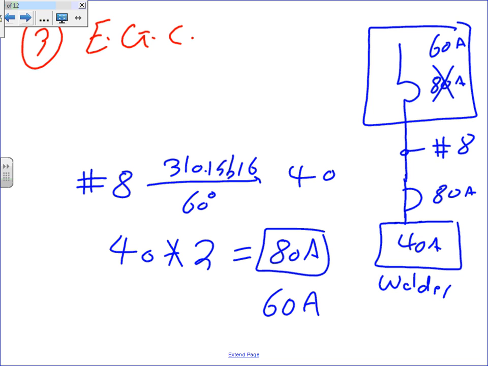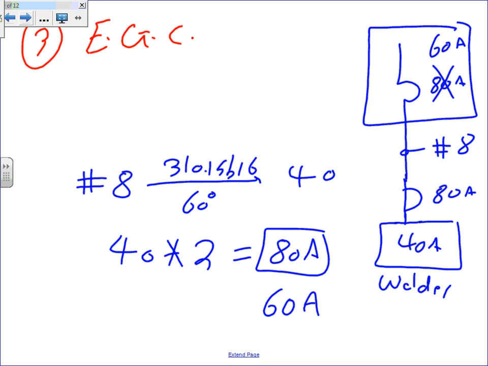Well, if you have a 60 amp breaker, the 80 amp will never get a chance to break. But in order for the same breaker to protect the cable and the welder, you cannot exceed this value here. So what's the 80 amp circuit breaker doing?